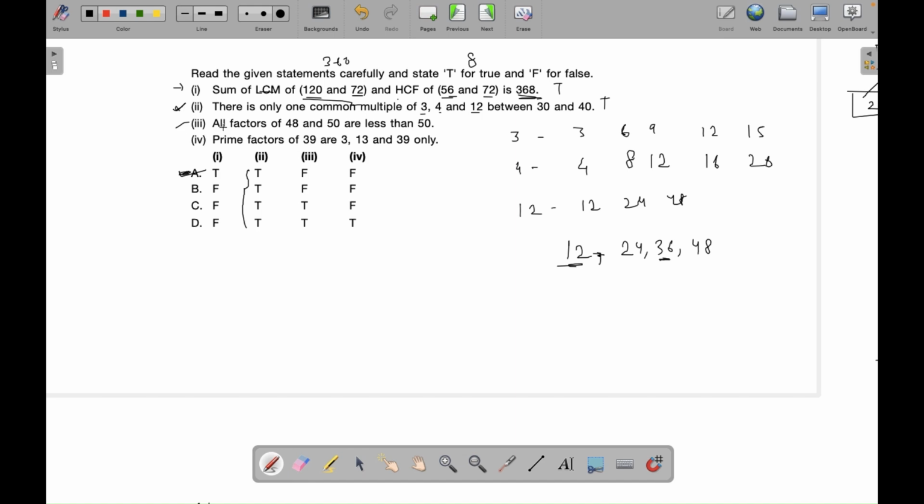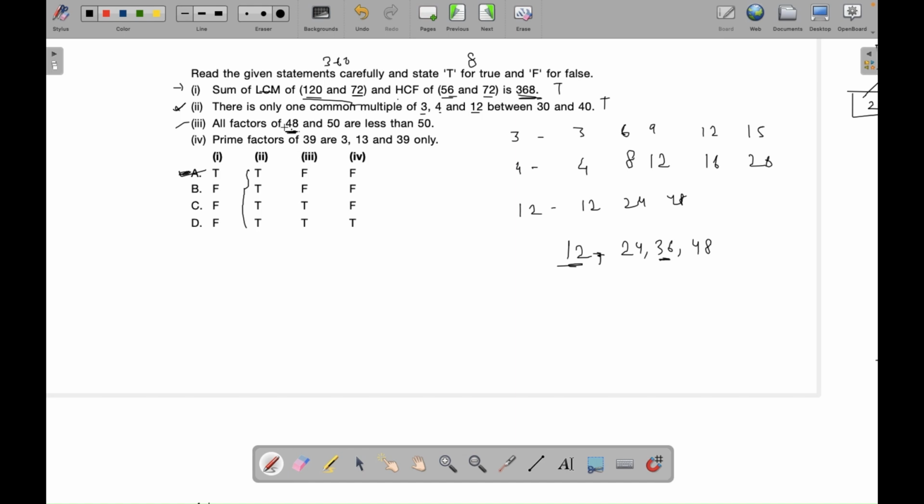The third question, again, we don't have to solve this. All factors of 48 and 50 are less than 50. Now you have all factors of 48. Factors at max can be equal to that number. They can never be greater than that number. So all factors of 48 must be either less than or equal to 48.